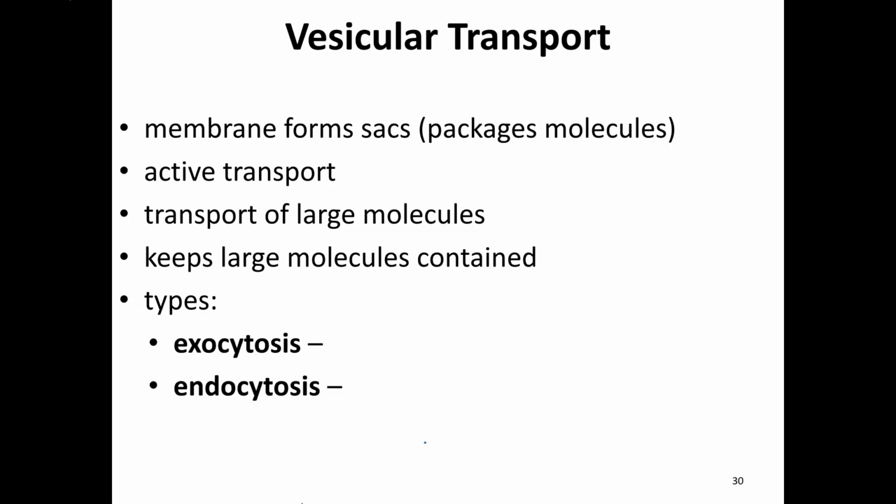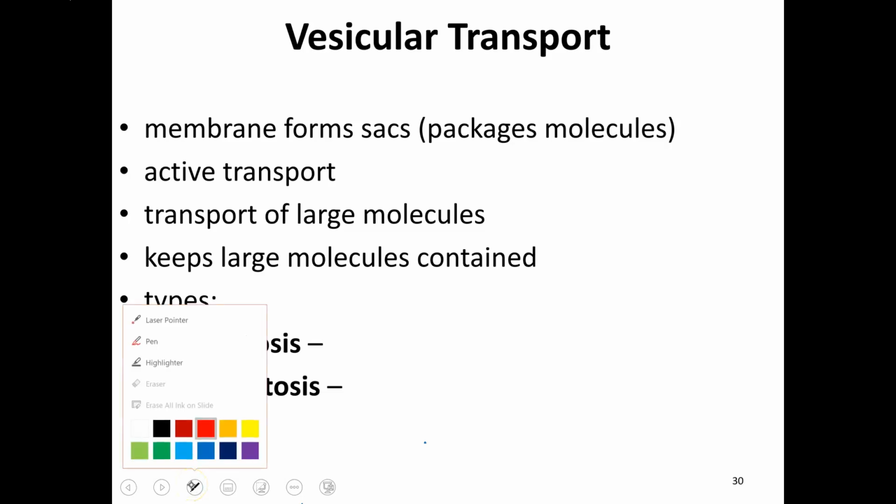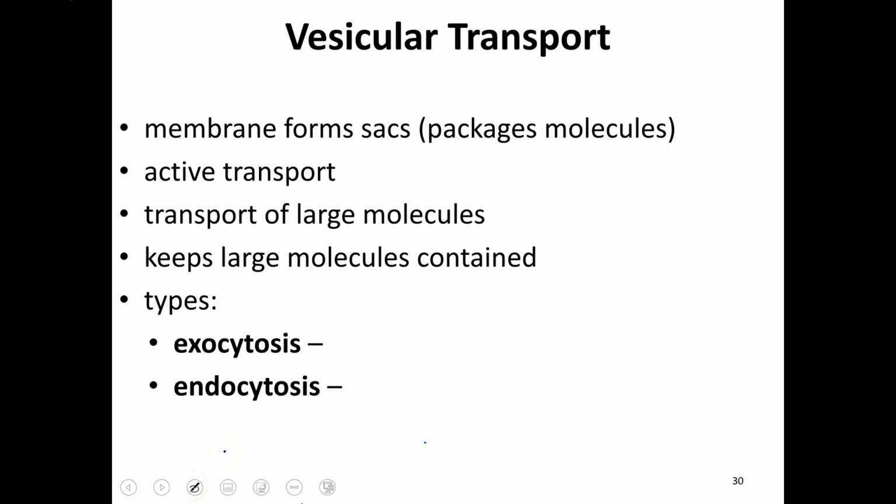In this video, we're going to talk about vesicular transport. So this is another active transport mechanism, and in this mechanism, we're using plasma membrane vesicles to transport materials that are too large to move across the membrane.